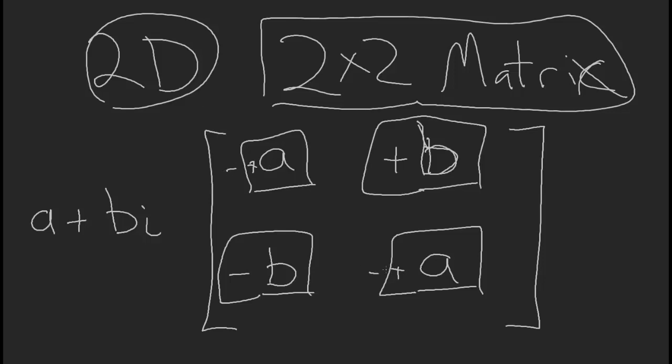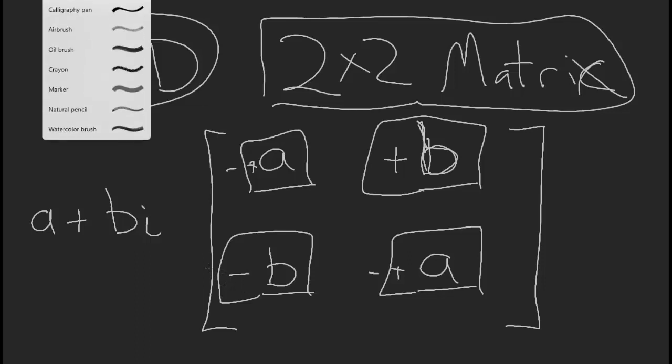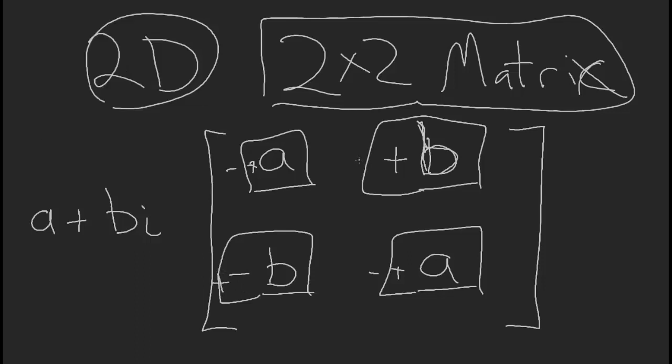Okay, and on the backward diagonal of this 2 by 2 matrix, if B is positive here, it has to be negative here. But if B was positive here, it would have to be negative there. And so this is it.